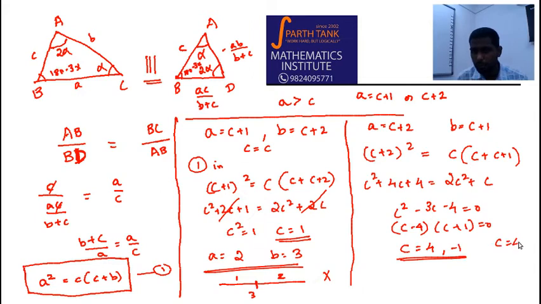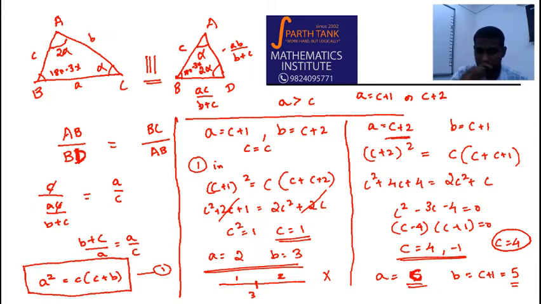So C is 4, let us say, would imply A is C plus 2, therefore 6, and B is C plus 1, 5. So A 6, B 5 and C 4 is one triangle which satisfies both these conditions.